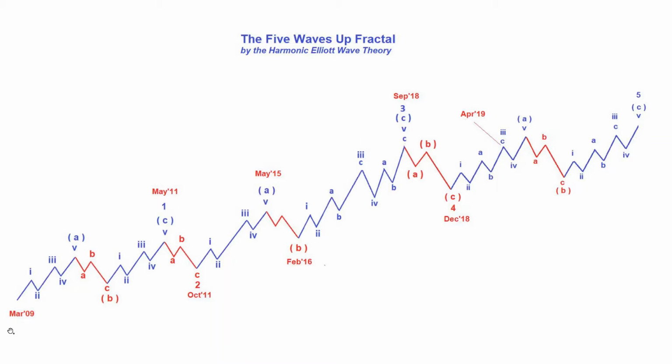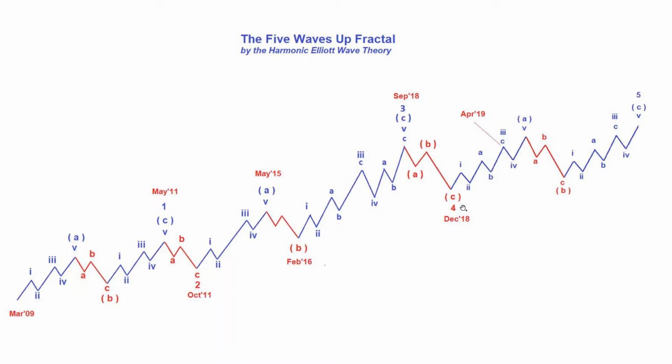The fractal started in March 2009, wave 1 topped in May 11, then corrective wave 2 bottom in October 11, then we got A of 3 up, topped in May 15, corrective B down in February 16, and we got the final push up, completing the strongest part of the rally in wave 3, and this is the top we got in September 18. And I believe that quick but deep correction we got into the low of December 2018 was all of corrective wave 4.